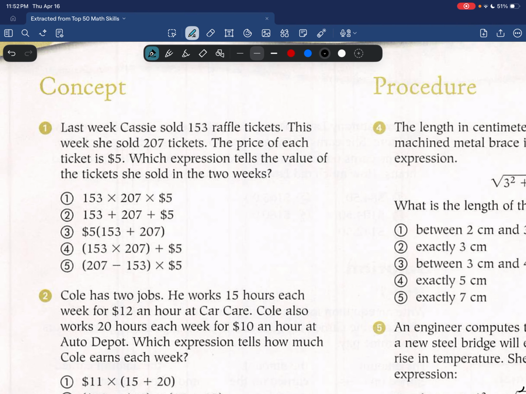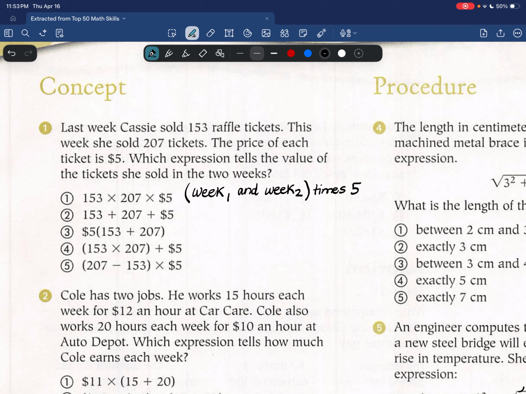So we know that we are going to say week 1 and week 2. And those are both tickets, so I'm going to group those together. And then we're going to multiply that times 5 because each ticket cost $5.